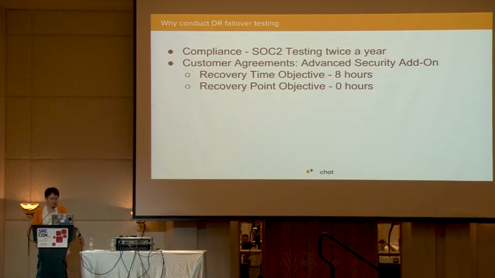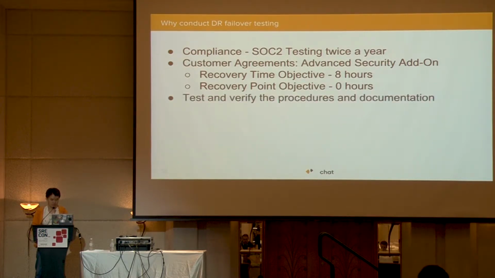The second metric, recovery point objective, is how many hours of data you would have lost from the time the data center is down. So basically it means that we have kept almost real-time replication of the data from production. At any moment when it's cut off, we still have all the data up to that moment. So 0 hours is a pretty strict requirement.